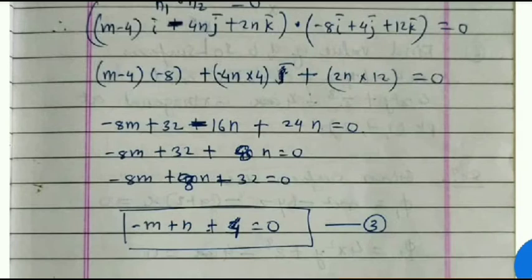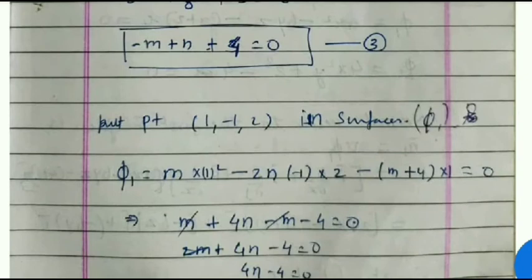So take 8 common and shift into the right side. Finally we get the first equation, minus m plus n plus 4 equals 0. This is equation number 3.